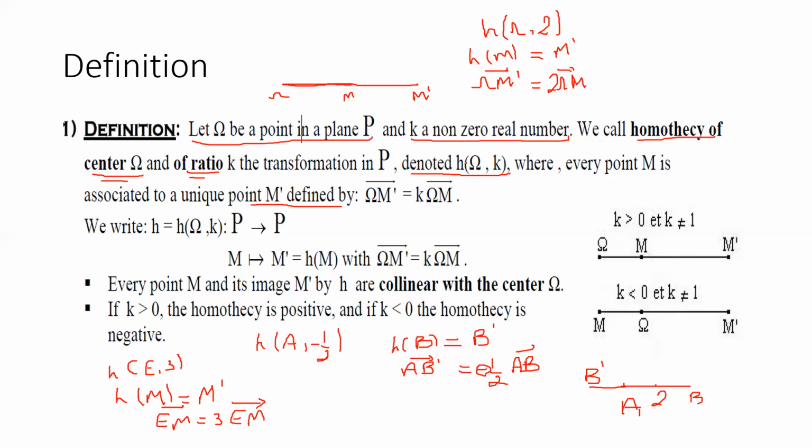There we called it r, because it is rotation. Here we call it h because it is homothety. For every point m there is a unique point m prime such that omega m prime equals k omega m. Or, the easy way to understand this definition: if the image of m is m prime, then omega m prime equals k omega m. Is it understood?